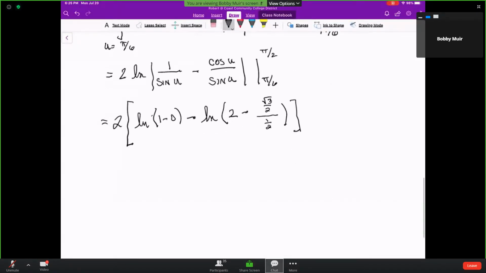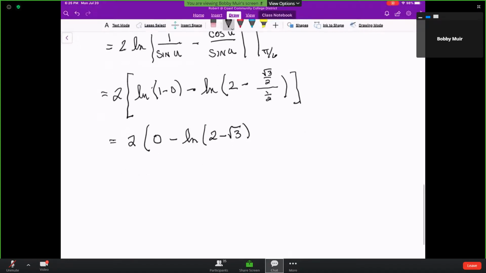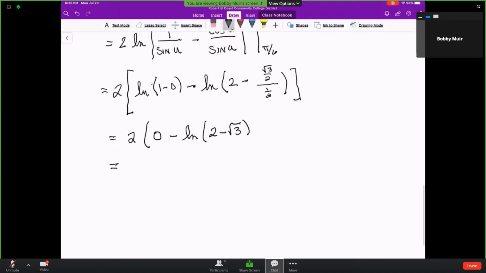So now it's going to be 2 times 0 minus the natural log of 2 minus radical 3, which is equal to negative 2 natural log of 2 minus radical 3.